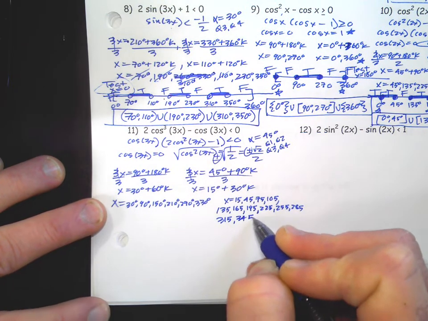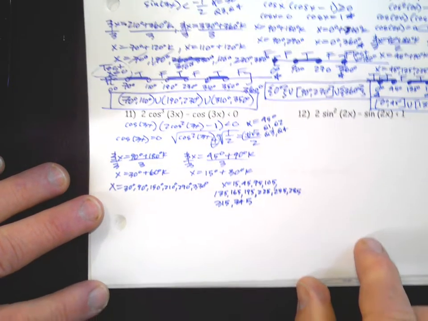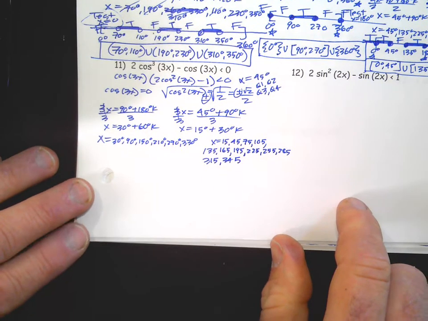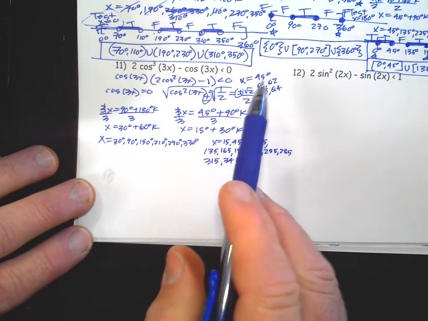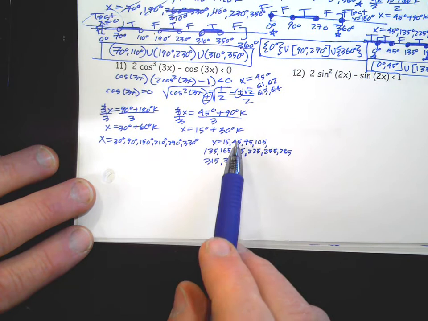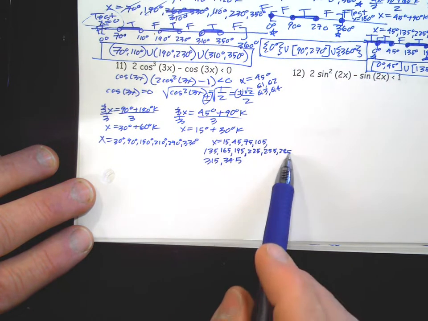Oh my gosh. Don't lose any of these. Because we're getting 4 answers times 3. There should be 12 here. 1, 2, 3, 4, 5, 6, 7, 8, 9, 10, 11, 12.